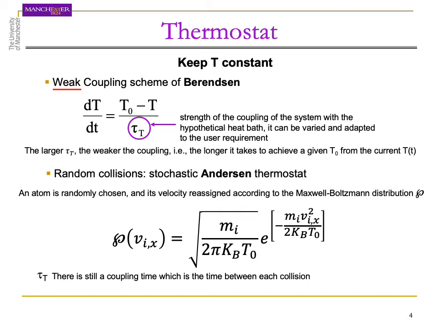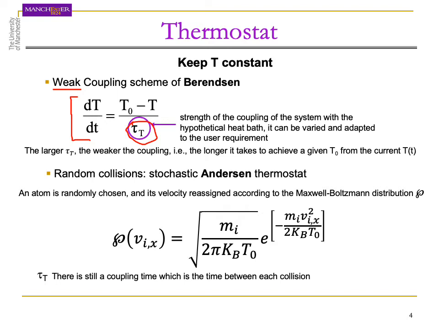What do we mean by weak coupling? Why is the coupling weak? We are modeling the coupling between our system and the heat bath by using this differential equation, which prescribes how the temperature varies in time, and we assume that the variation of the temperature in time is given by this law. This is a very simple law which depends on this parameter tau subscript t, which gives the strength of the coupling.